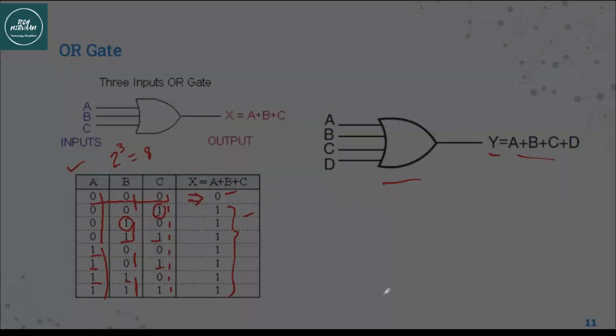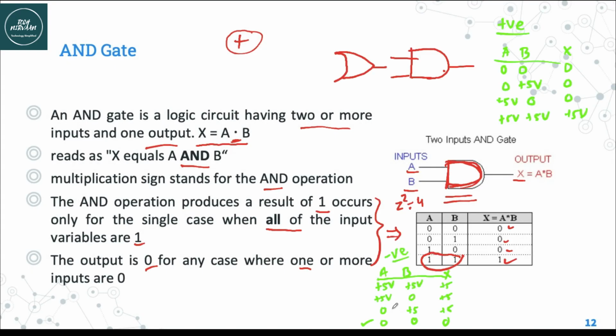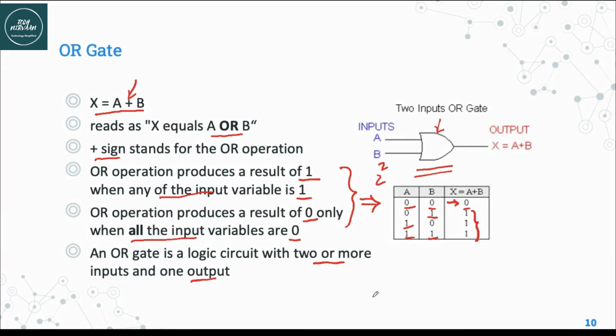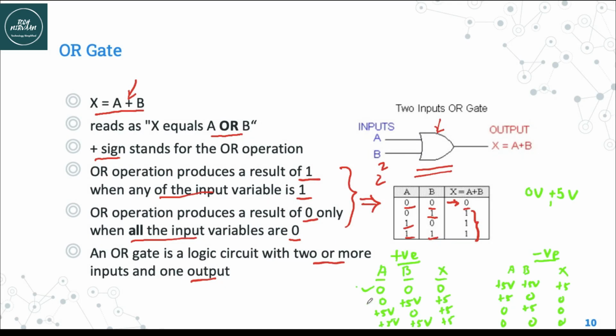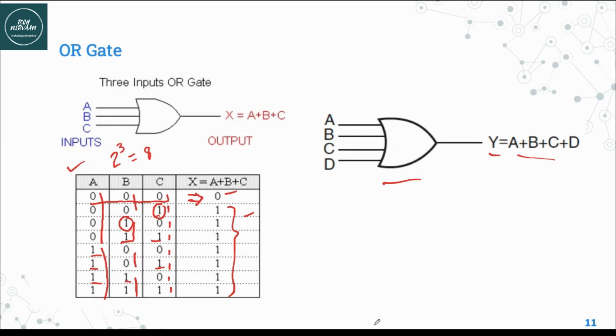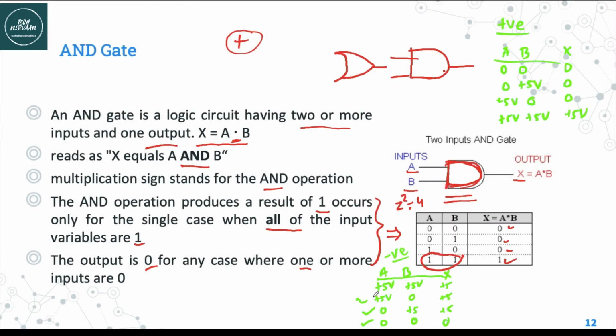Then 0, plus 5, output plus 5. Here also 0, plus 5, output plus 5. Then plus 5, 0, output plus 5. And plus 5, plus 5, output plus 5. So both the truth tables are same.